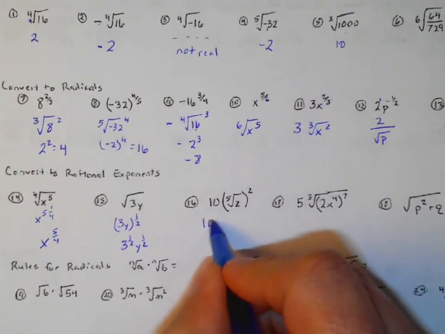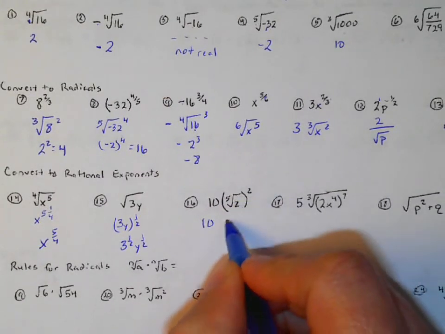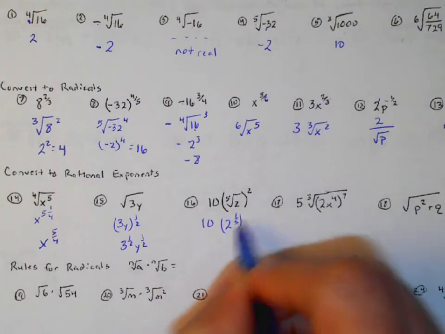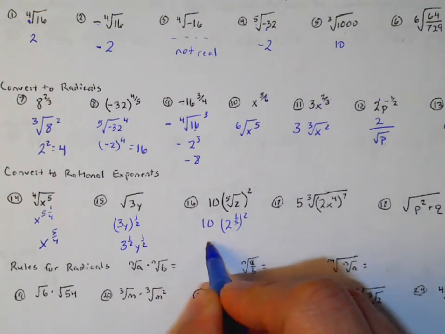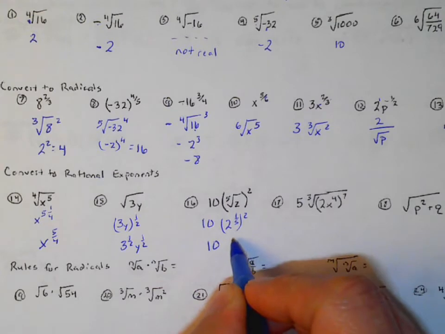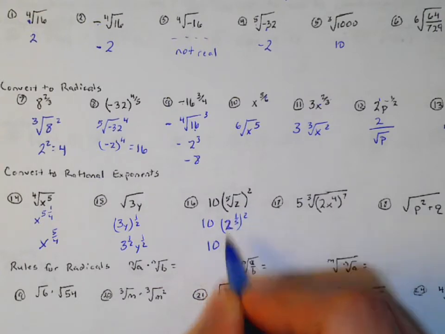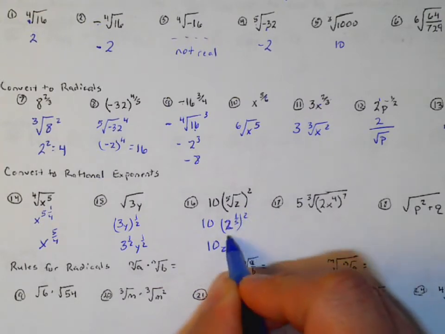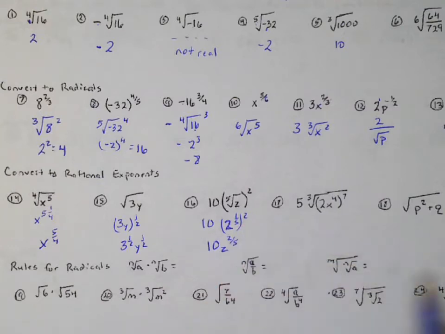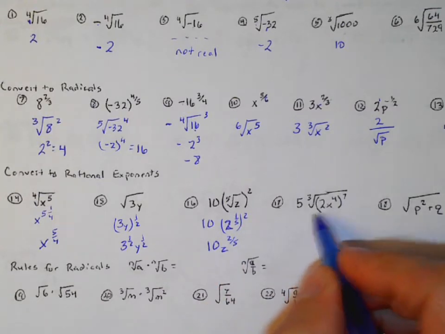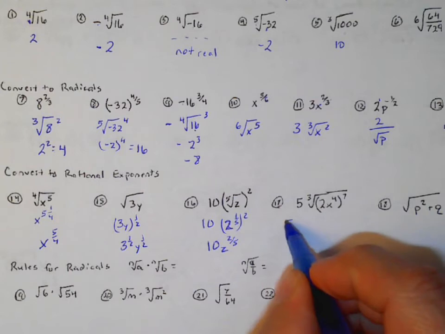The 10 is not being raised to this power, but this would be 10 times z to the 1/5 squared. I'm sorry, that's not a 2, that's a z. And z to the 2/5. Next one here, 5 stays out front.